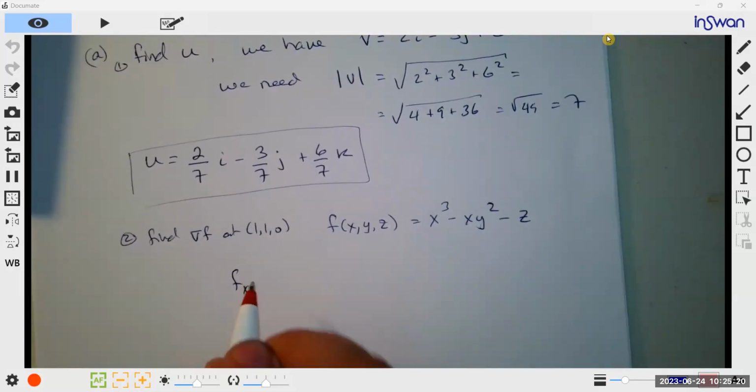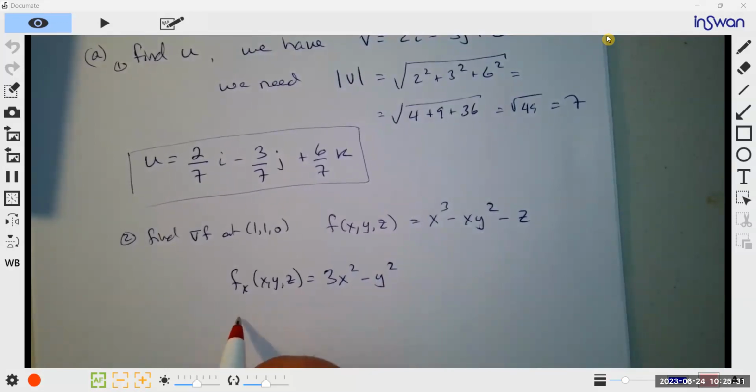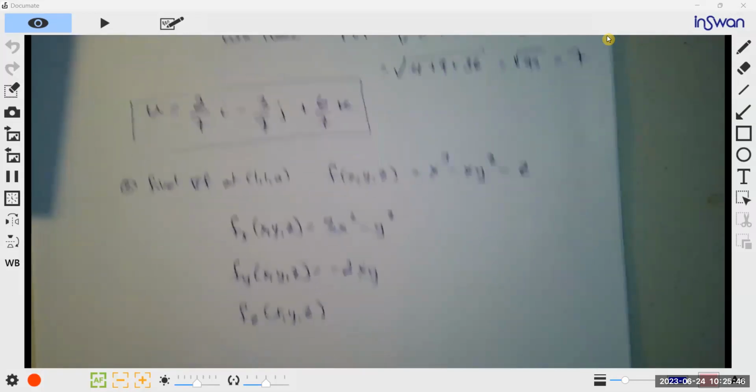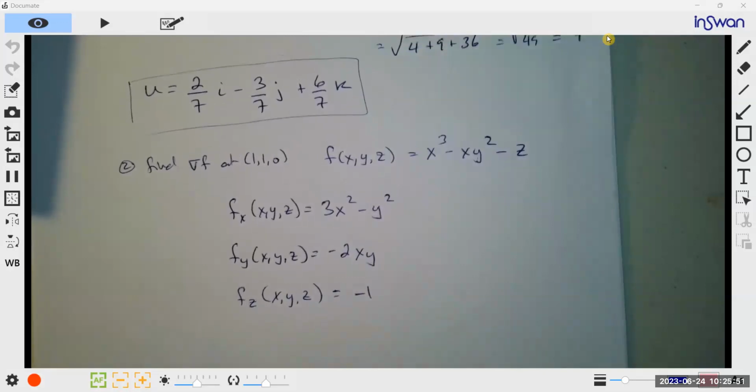So f sub x equals 3x squared minus y squared. f sub y is minus 2xy, and f sub z is -1.